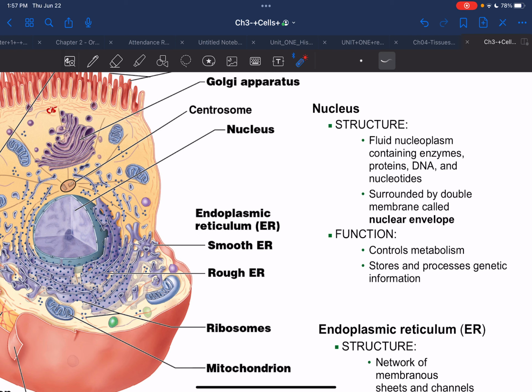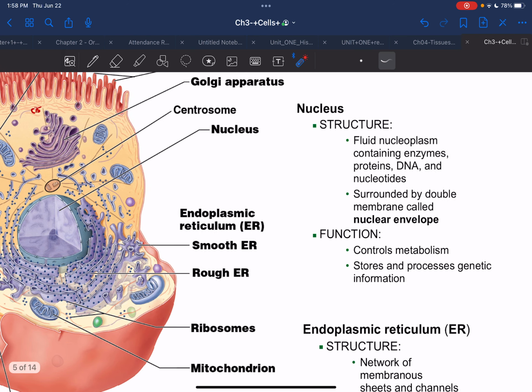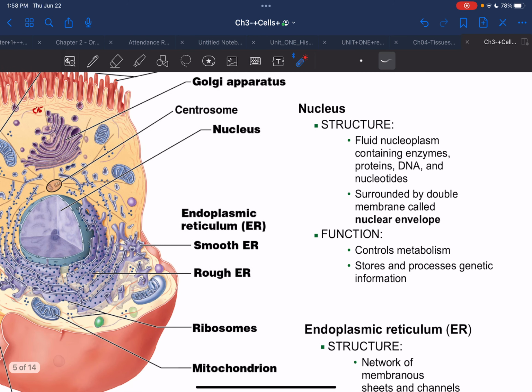The metabolism of cells, and also the genetic information, your genes. They contain a little bit of mom, a little bit of dad, all the time. That's what I mean by genetic information, and we'll elaborate on that further when we talk about cell division.